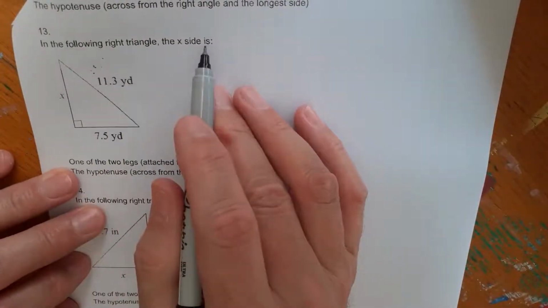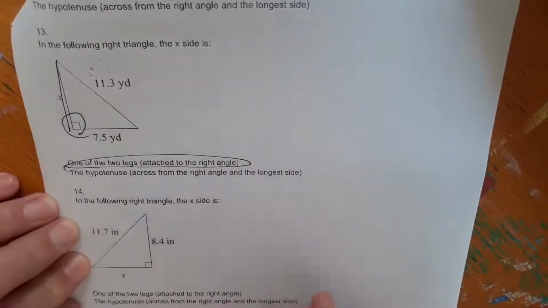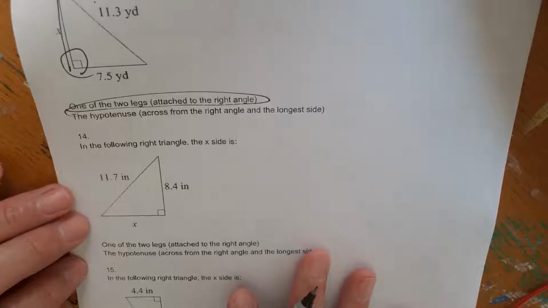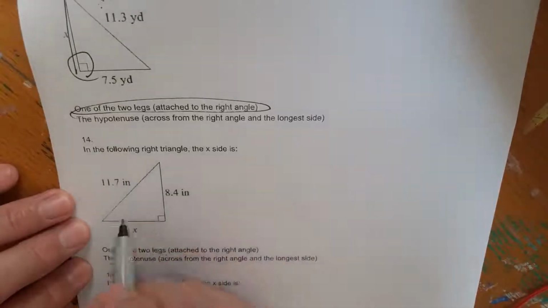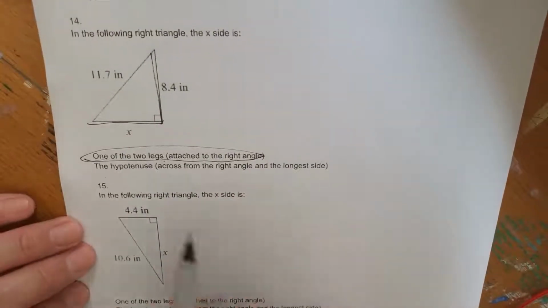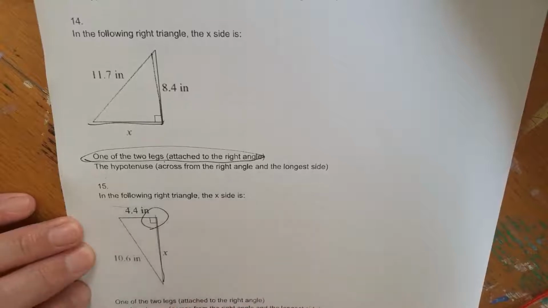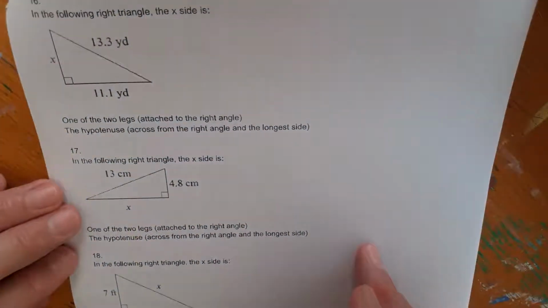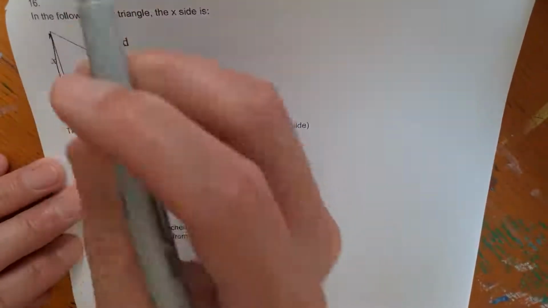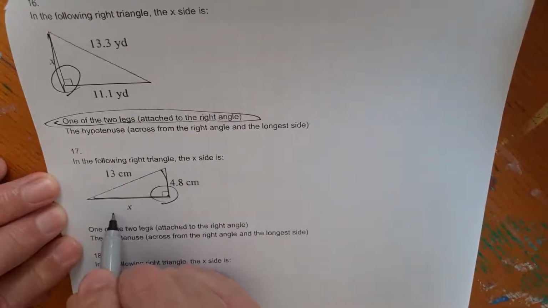In the following right triangle, x is one of the legs because it's attached to the 90. I can go fast on these.